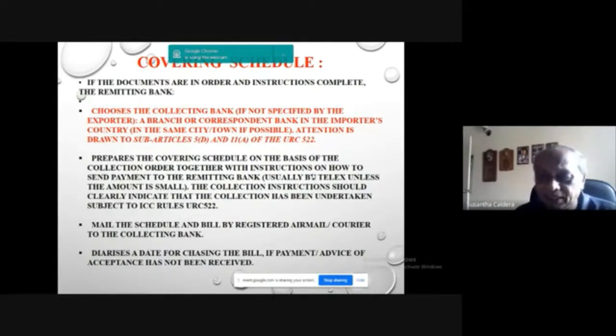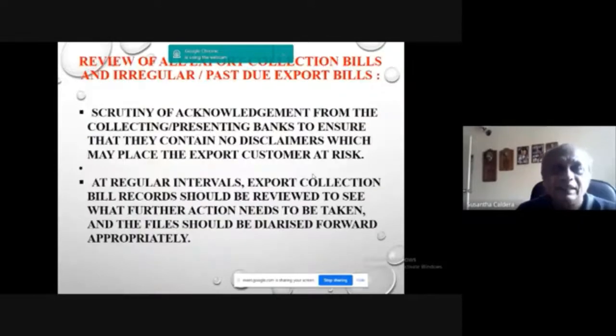We have to get an outstanding items report and then follow it up. Write to the banks individually and inform the customers individually. That follow-up action has to be done by the collection department. I don't know how many people are doing this, but it's a must. Every 10 days, you have to do it.